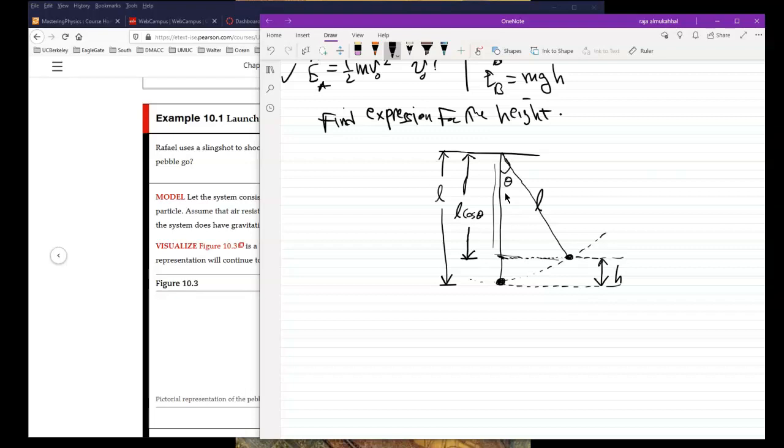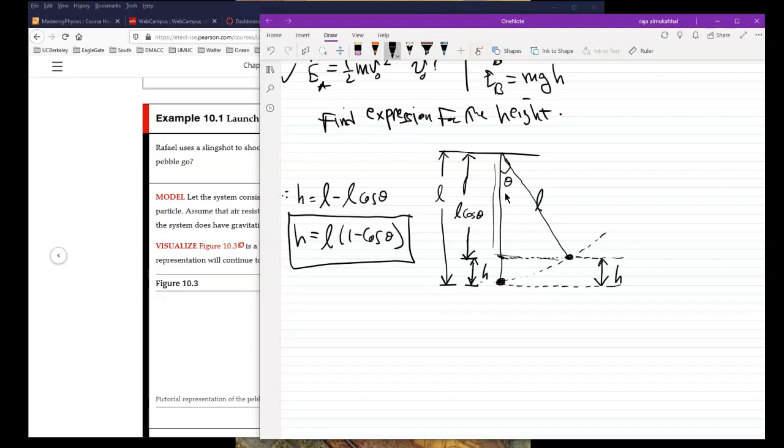Well, the height is right there. So therefore, the height is really L minus L cosine theta. Is that okay? So the height is L times 1 minus cosine theta. Might as well memorize it if you want. I've been memorizing it for many years. I don't need to derive it every time because I've seen it many times. But that's basically how you measure the height of the bob.